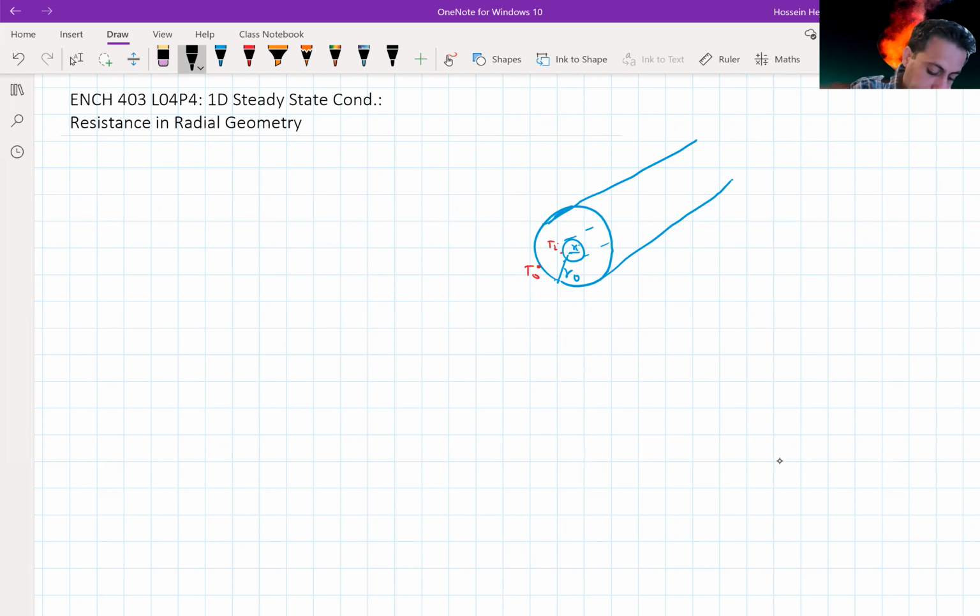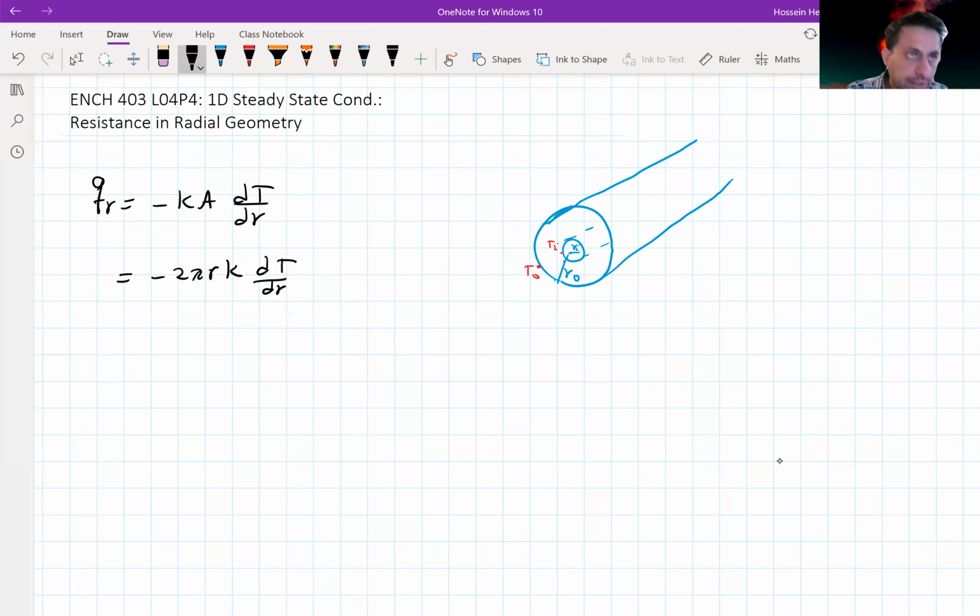Now, if you recall, Fourier's law of heat conduction for a radial geometry, Qr is minus kA dT/dr. If I replace the area for any of the radius, it's going to be minus 2 pi r k dT/dr.